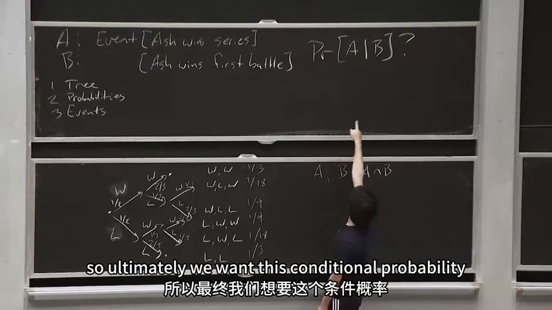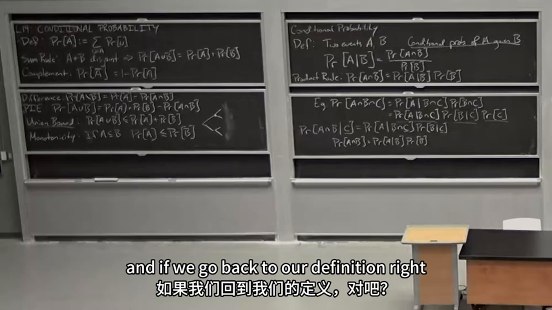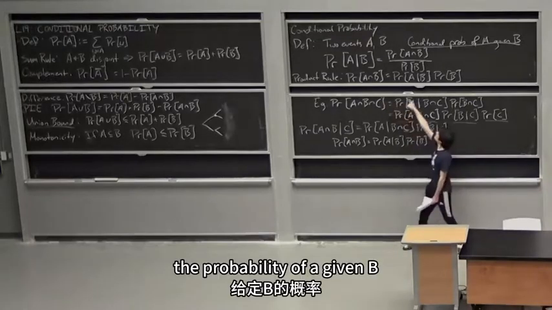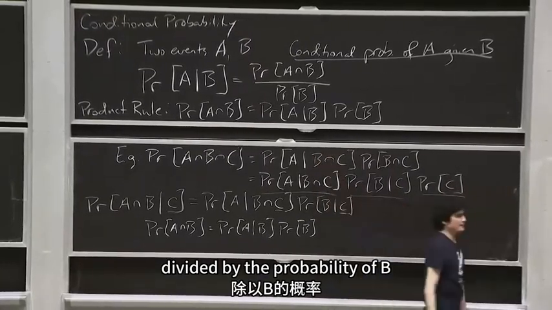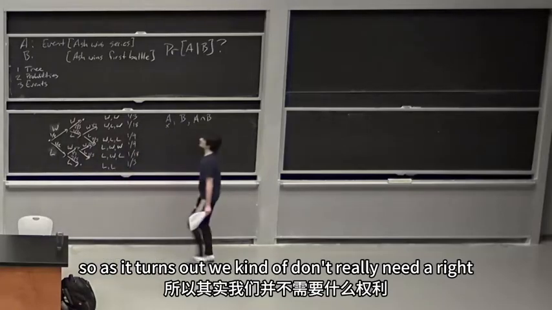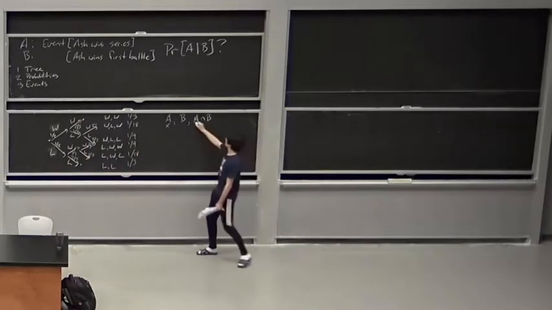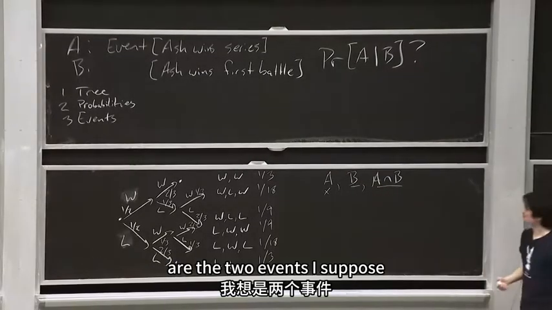So ultimately, we want this conditional probability, the probability of A given B. And if we go back to our definition, the probability of A given B is the probability of A intersect B divided by the probability of B. So as it turns out, we kind of don't really need A. The two probabilities we really need are these two, or the two events, I suppose.